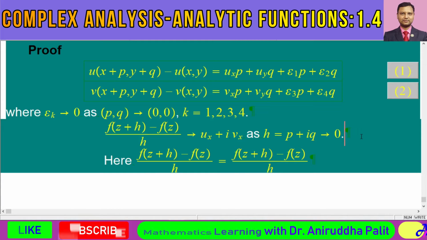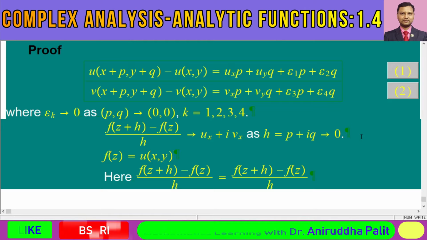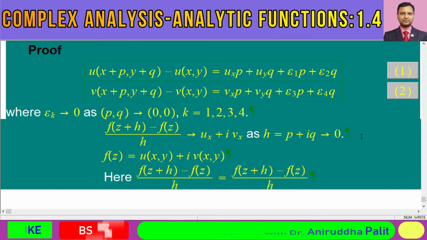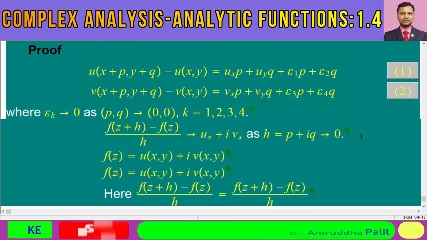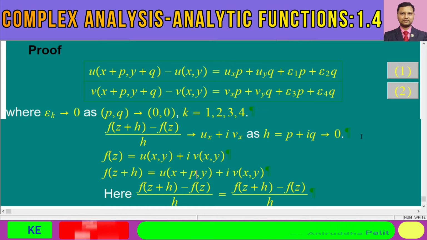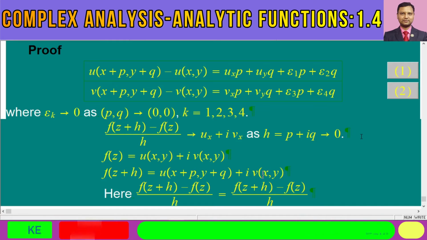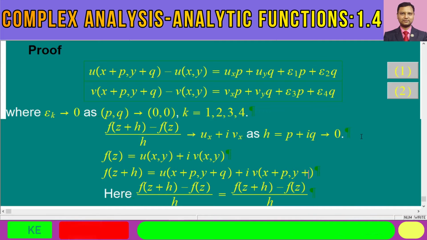You see, we have this information that f of z is equal to u of x comma y plus i into v of x comma y, and f of z plus h will be equal to u of x plus p comma y plus q, plus i into v of x plus p comma y plus q.